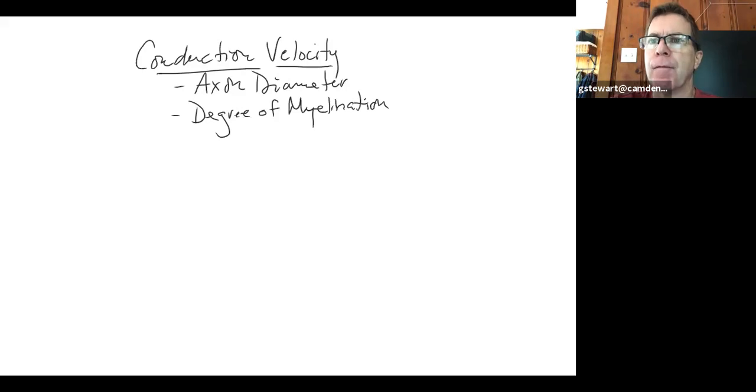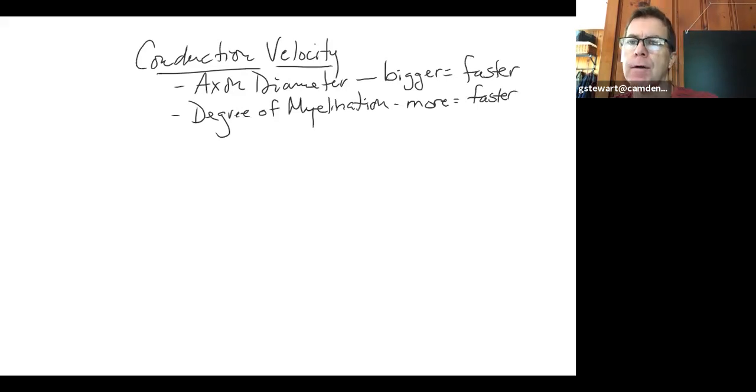Axon diameter, the bigger, the faster. The bigger in diameter, the faster it can conduct electrical impulses. Degree of myelination, more equals faster. So less would equal slower.